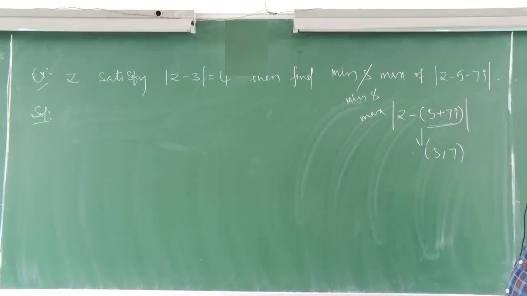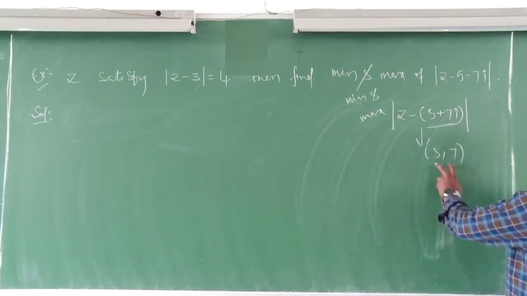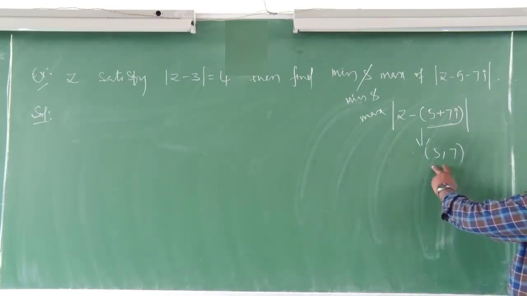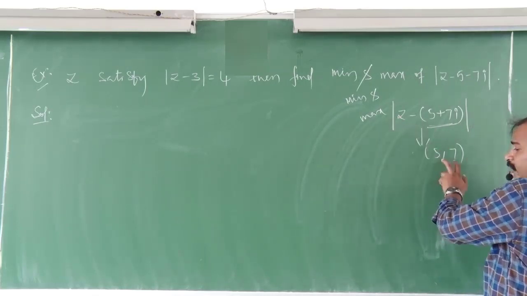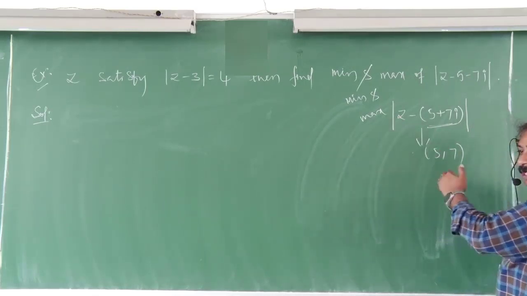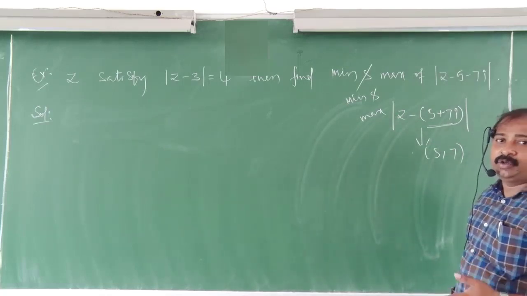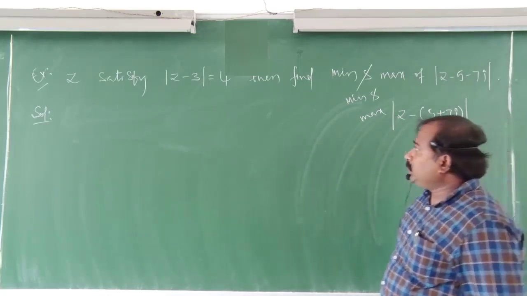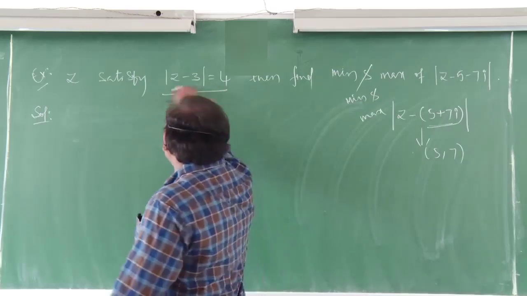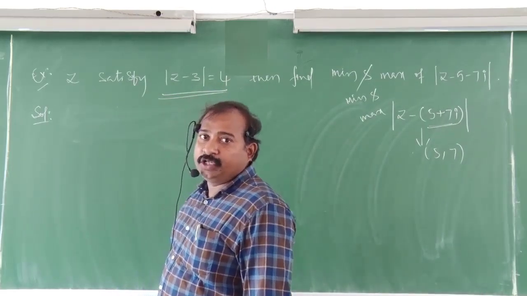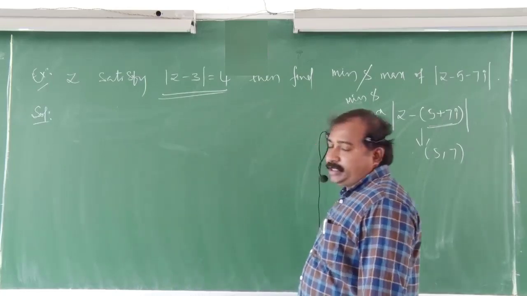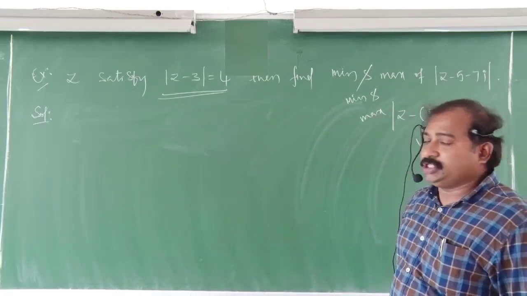Here 5 plus 7i is given, which is nothing but the point 5 comma 7. Then z is one point. For that particular point, from 5 comma 7, what is the maximum value and what is the minimum value? That we have to find. Now where will z be lying according to the given data, z satisfies the condition modulus of z minus 3 is equal to 4? Try yourself. Next we will proceed. Thank you.